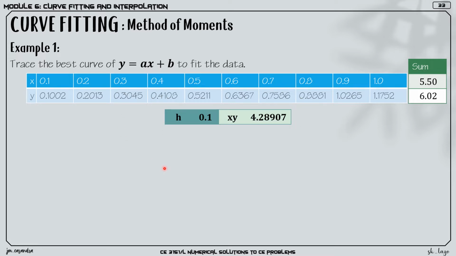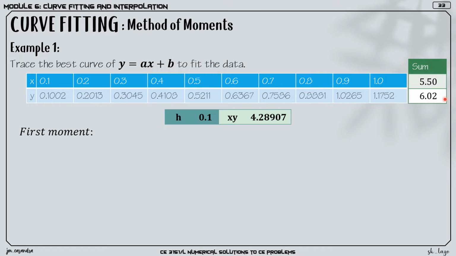So for our theoretical moments, we were able to get the sum of x sub y is 4.2890. The value of h is 0.1. With the sum of x is 5.5 and the sum of y equal to 6.023.